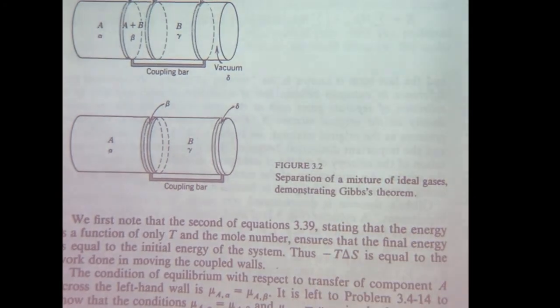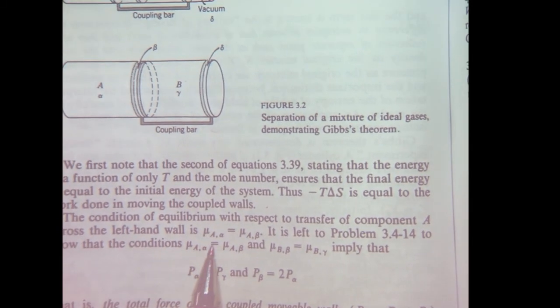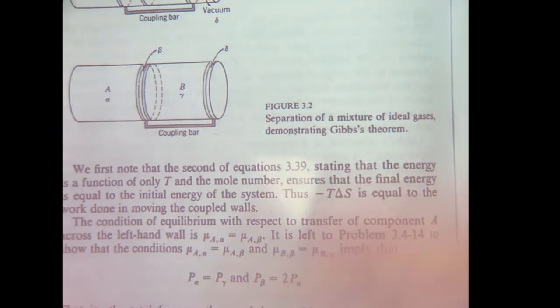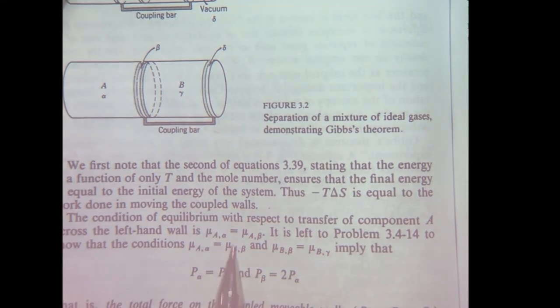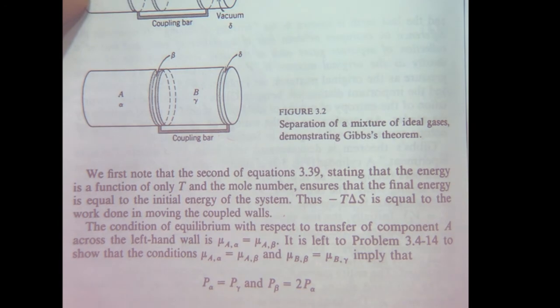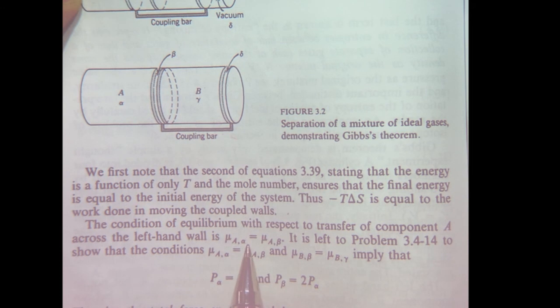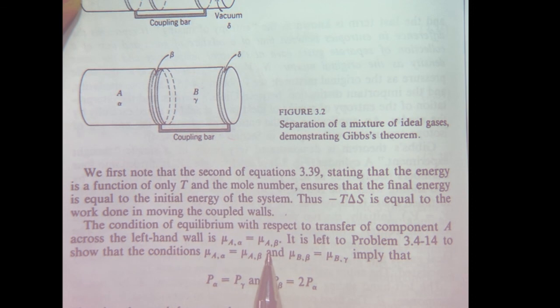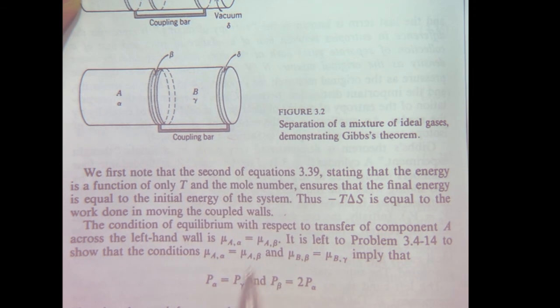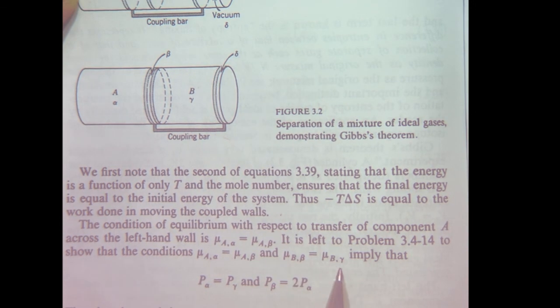Now, you don't have to do this, but since the number of particles is changing, the equilibrium condition is equality of the chemical potential mu of type A particles in chamber alpha with the chemical potential of type A particles in chamber beta, and similarly for type B particles in chamber beta and chamber gamma.